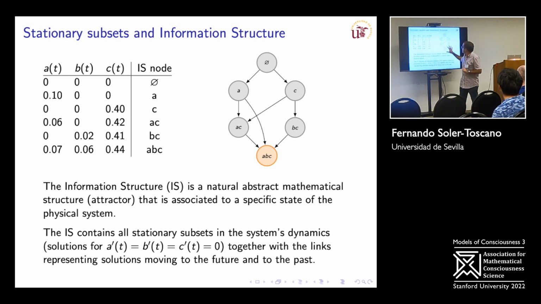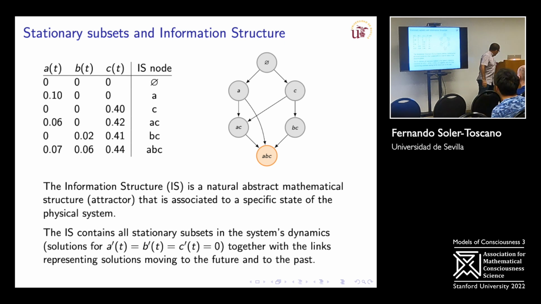We can represent in a graph what we call the information structure, that is the structure of the global attractor of the dynamical system. It is an abstract mathematical structure that contains all the stationary points of the system, and the links representing solutions to the future and to the past of the dynamics.